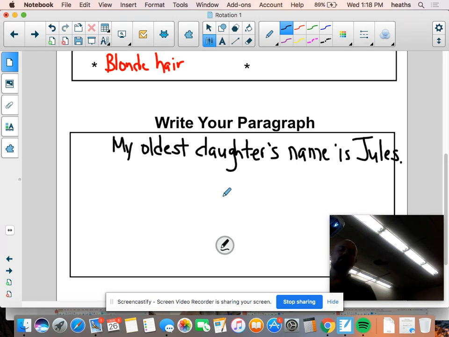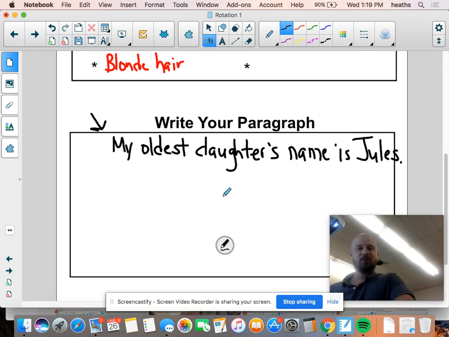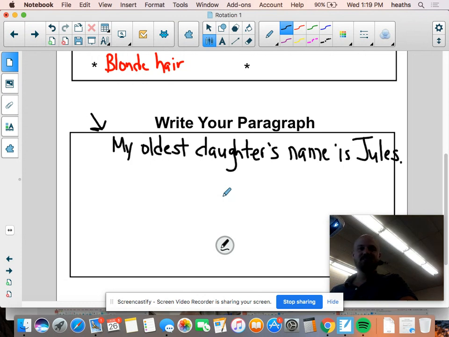Another thing, notice this space I left right here. I indented and I capitalized my first letter. You're going to do that with all of your sentences. Notice I didn't start describing Jules at all. All it says is my oldest daughter's name is Jules. Now everybody who reads this will know the rest of the paragraph is going to be probably him describing his daughter. Okay, so my oldest daughter's name is Jules.